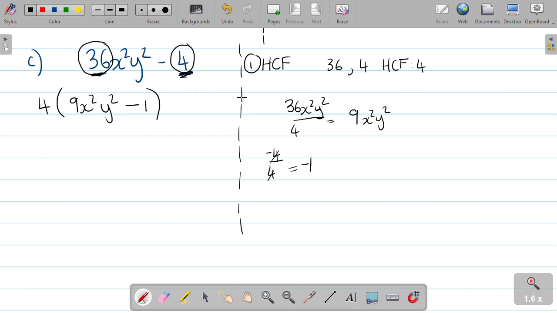Now we have to ask ourselves, from this place that we're at over here, can we factorize it again? Because when you get asked to factorize, you must always factorize as much as possible.